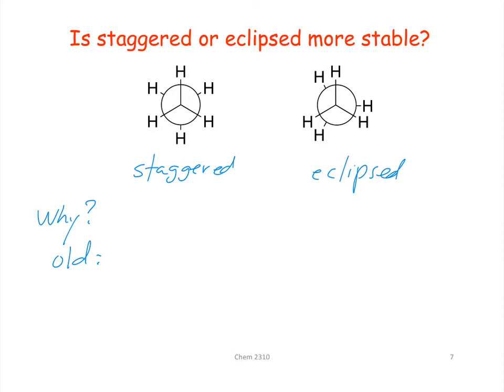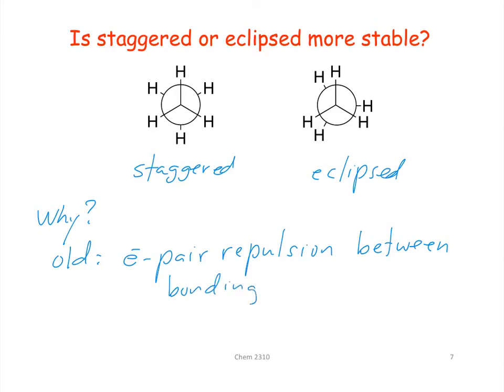And so they just orient so the bonding electrons get as far apart as possible. Okay, so we have electron pair repulsion between bonding electrons. Okay, and I think this is a pretty intuitive model for why this happens.